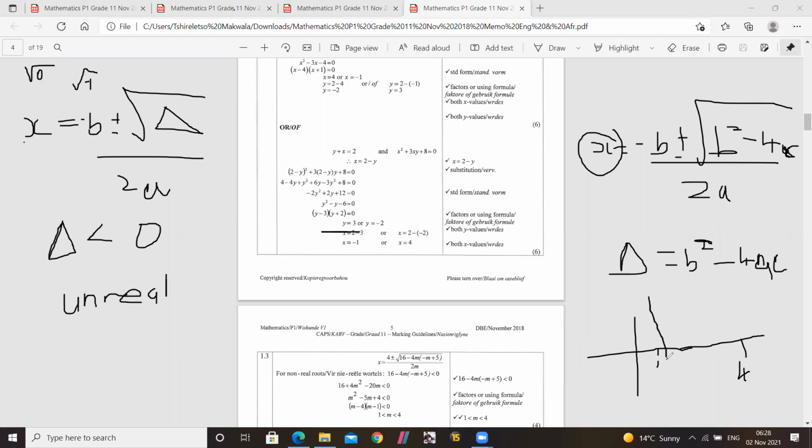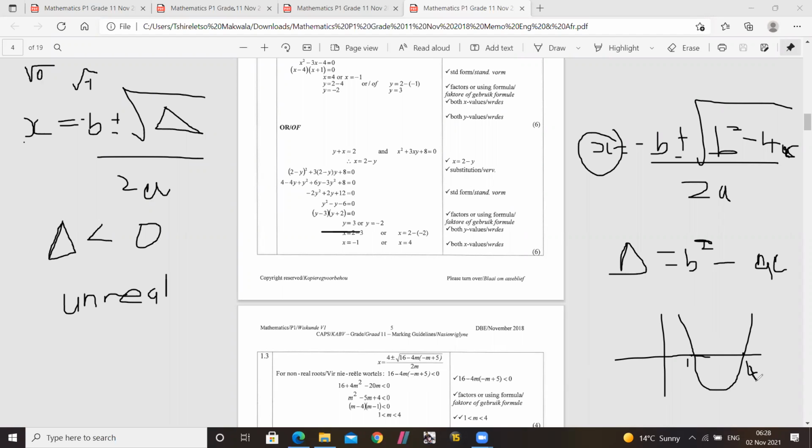So the graph is something along these lines. Then m equals 1, m equals 4.